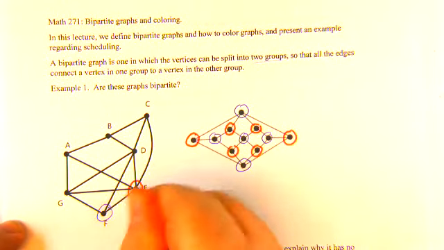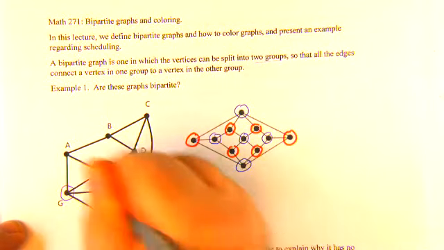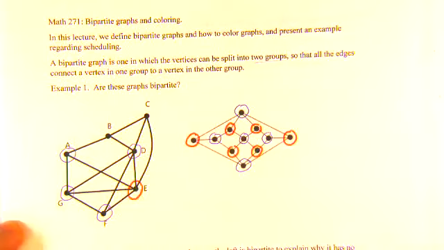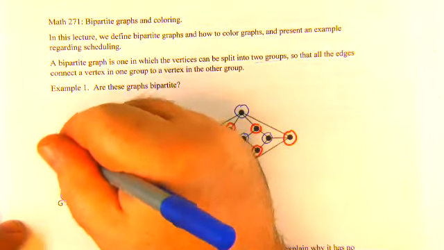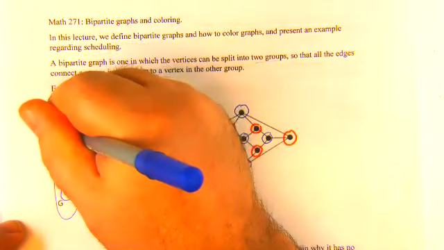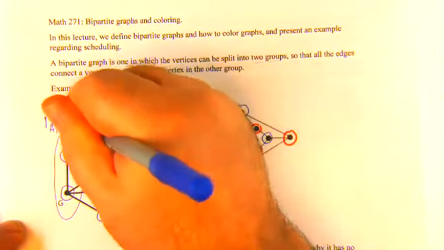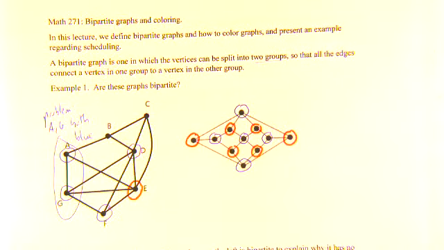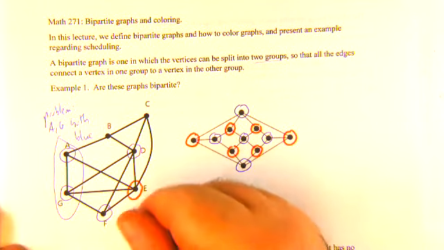So F would be blue, G would be blue, A would be blue, and D would be blue. And there's a problem. A and G are both blue. And there's really nothing you can do about this.